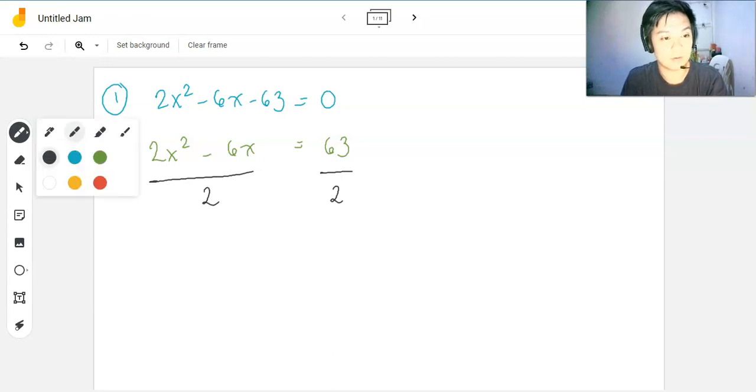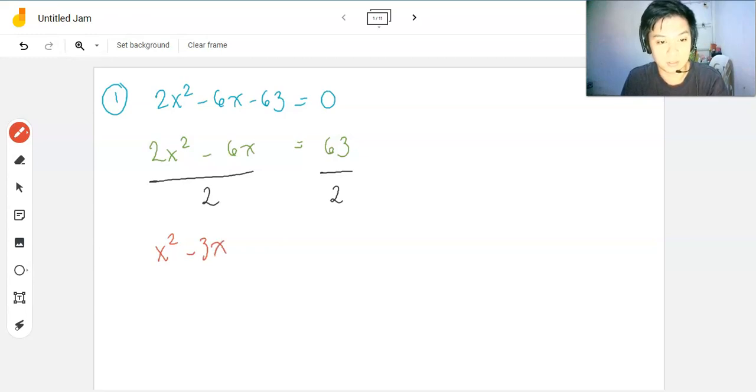Okay, so what happens now is, yung left side natin magiging x squared kasi 2 divided by 2 is 1. 1 times x squared is just x squared. And then, negative 3x. Sulat kasi negative 6x divided by 2 is negative 3x. Equals, since 63 over 2 or divided by 2 is not an integer, then we write it as is. So, expressing it as a fraction lang.